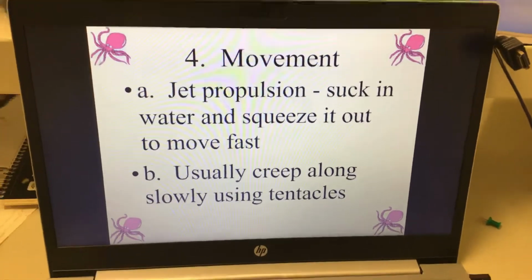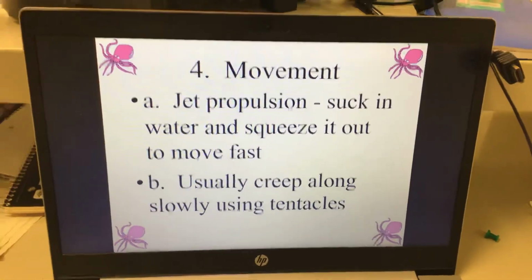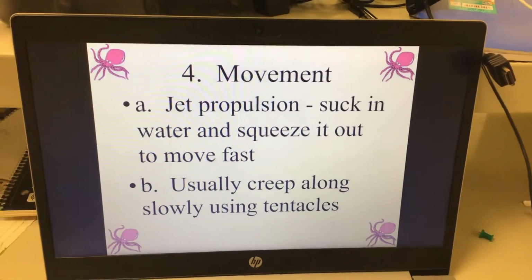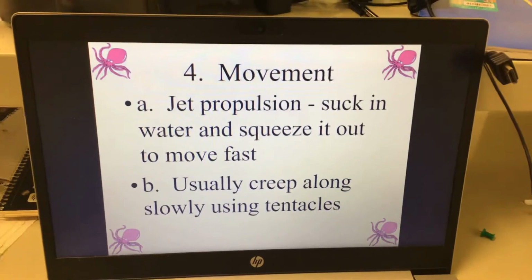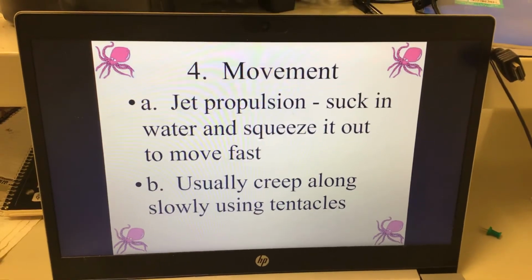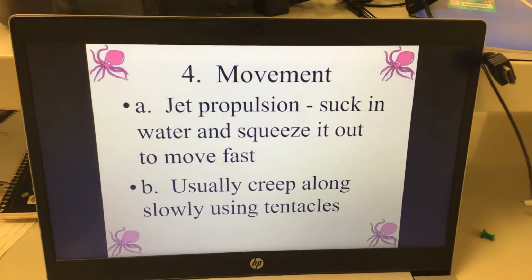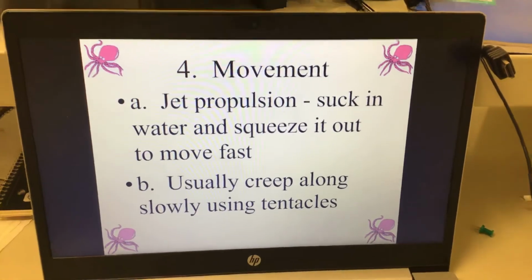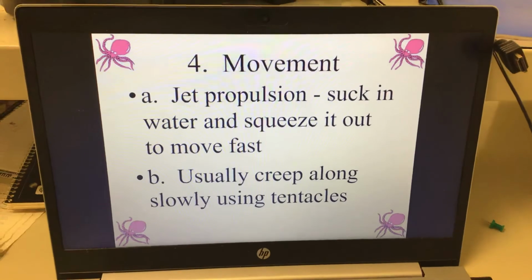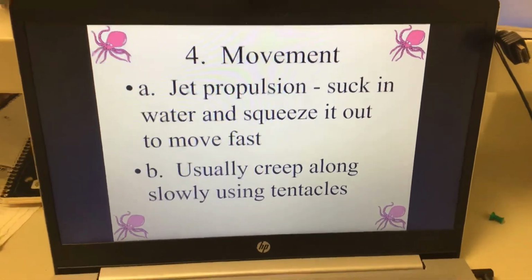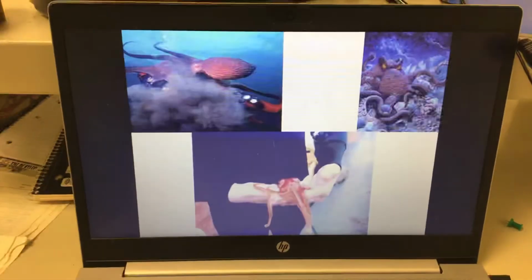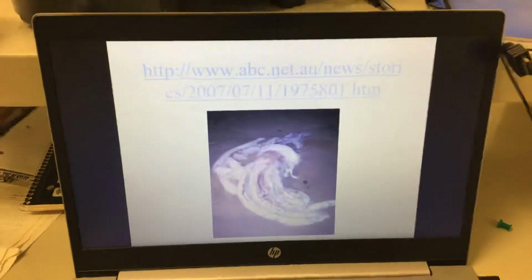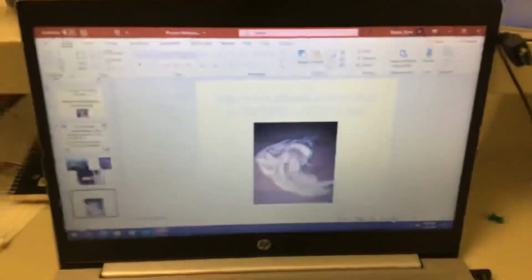They can use jet propulsion. Basically, they suck in water and then shoot it out, and it pushes them forward. I know there's some water toys that are like that at the pool. And they can also kind of creep along slowly, grabbing with their tentacles. So they can move in some different ways. Call that good.